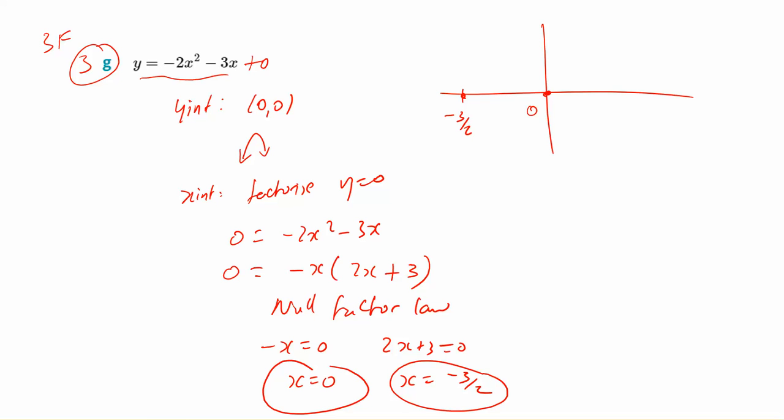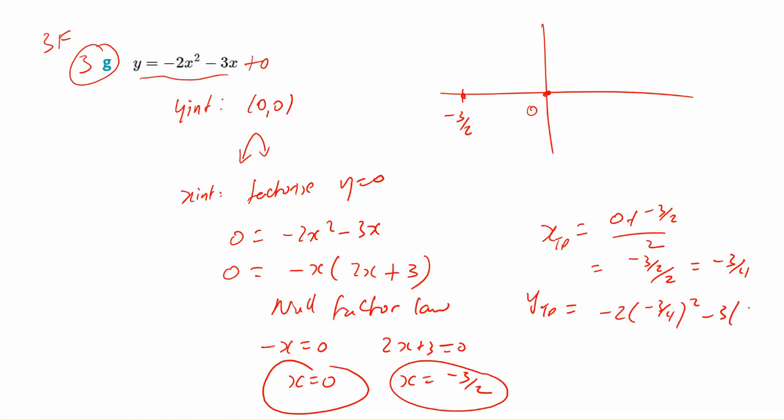We know that the turning point is halfway between my x-intercepts. So x_TP would equal 0 plus negative 3 over 2, divided by 2. That's negative 3 over 2 divided by 2, which is negative 3 over 4. And my y_TP, when I sub back into the equation, would equal negative 2 times negative 3 quarters squared, minus 3 times negative 3 quarters.